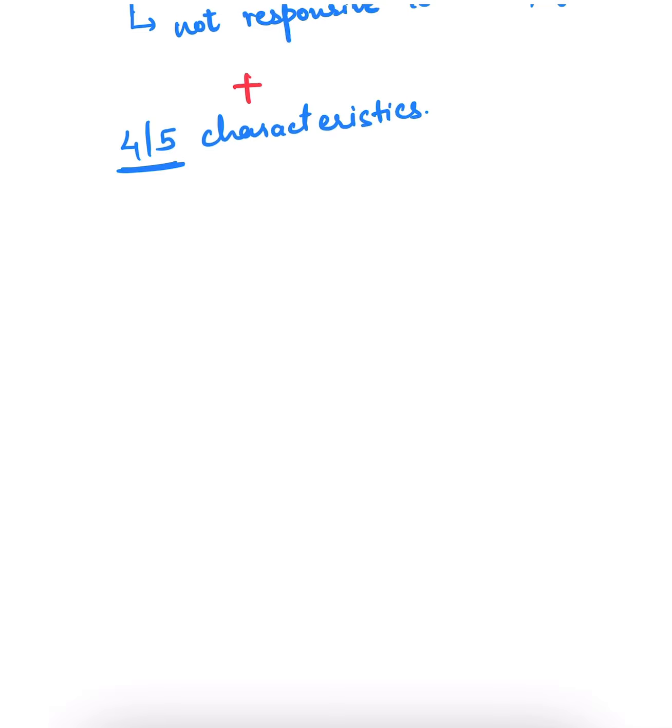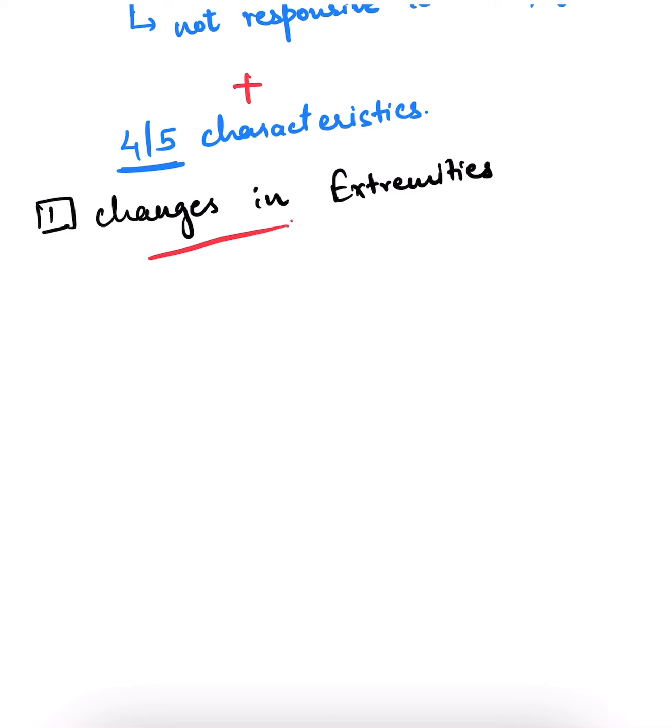So the first is changes in the extremities. As mentioned earlier, there are two phases in Kawasaki disease, so I will talk about the changes in both the acute and the subacute phase.